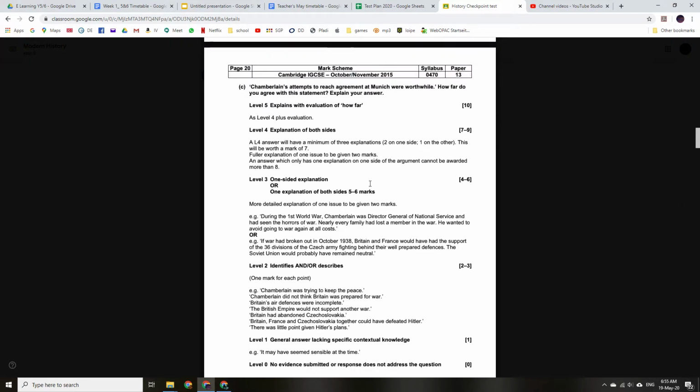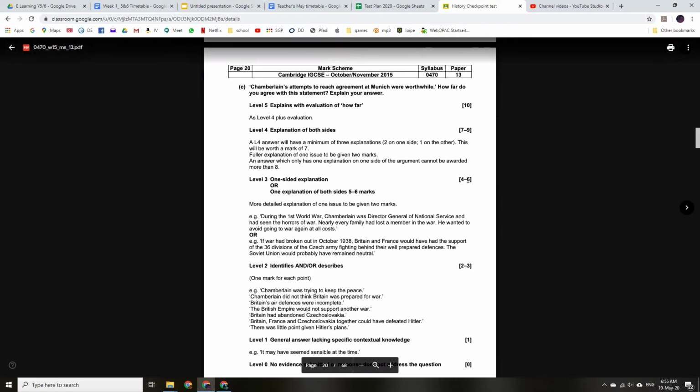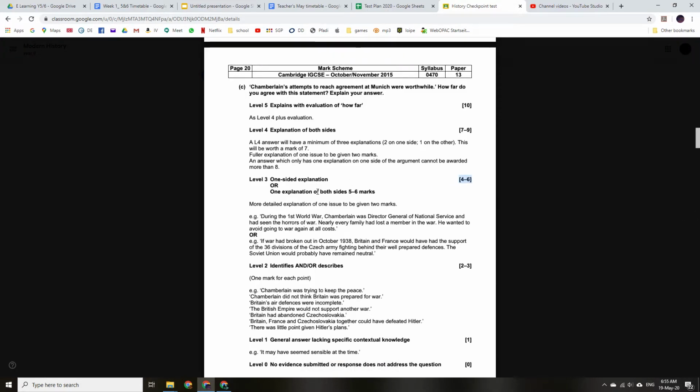Okay? So if you give me one-sided, so if you give me 5 paragraphs on one side only, the maximum you can get is 6. If you only give me 1 explanation on both sides, the maximum you can get is 6. To get higher, you need 2 paragraphs on one side and 1 paragraph on the other.